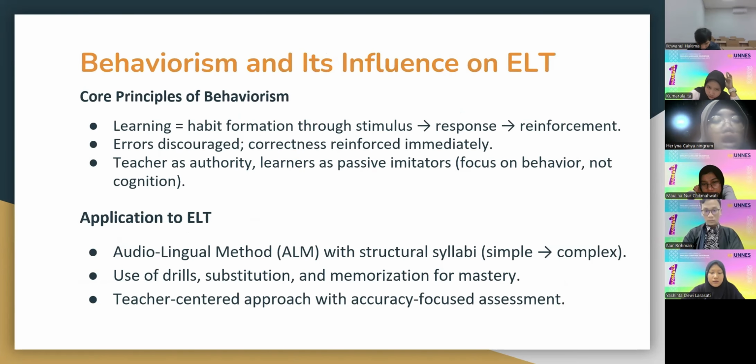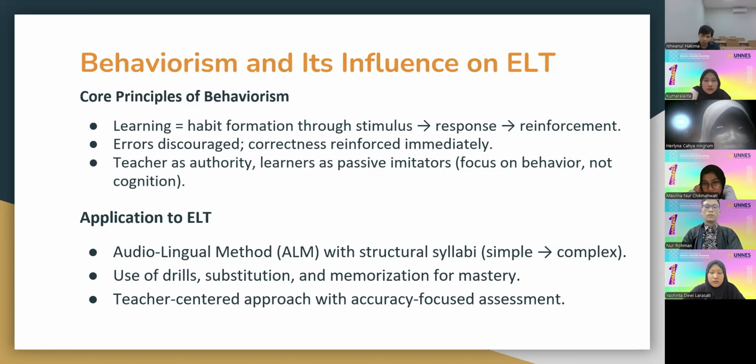Okay, so I will explain about behaviorism and its influence on ELT. Behaviorism conceives learning as a mechanistic process of habit formation that occurs through a triadic chain. You can see here there is a stimulus, response, and reinforcement. Learning in this view is a measurable change in observable behavior and not an internal cognitive event.